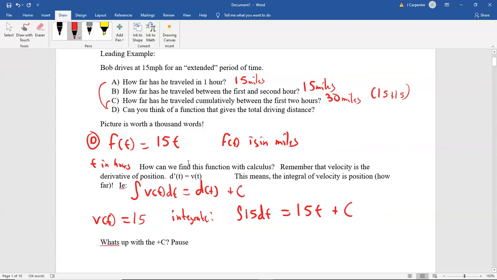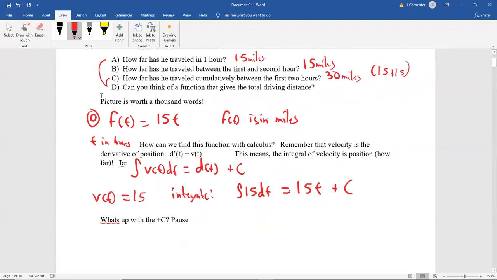So if the derivative of distance is velocity, the integral of velocity is distance. We integrated the function, we got a familiar looking piece, but then there's an extra constant in here. So if you plugged in a 2, this 15 times 2 would be 30, which probably makes you think we'll just ignore the c. Like I said, pause on that idea. It's not that you ignore the c. It's something happens to it that we'll get into in the next section.